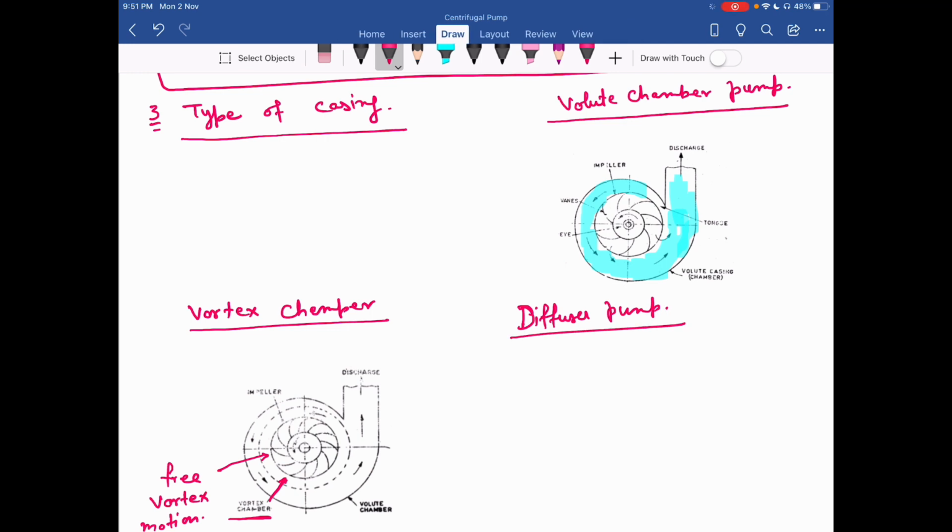In a diffuser pump, the guide vanes are arranged at the outlet of the impeller vanes. So along this whole dotted line, there is a row of blades.